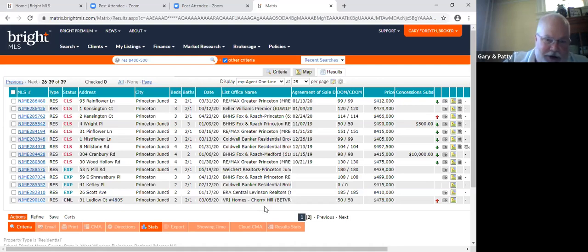And not knowing Princeton, I don't know if one sells as well as the other. I don't know at this point if there are townhouses included in this search or not. So you may want to refine it further if you're searching a price range where both types of properties are competing with each other, townhouses and single families, detached.